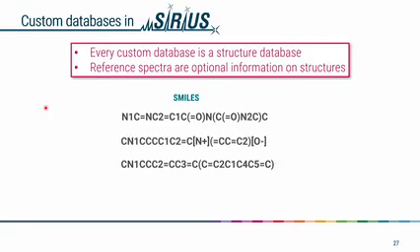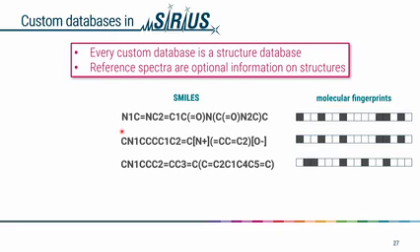Another thing you can do is bring your own structures. All you need for that is SMILES. Since we can compare against structures, you just have to bring us structures. And if you import them, SIRIUS computes molecular fingerprints for all of them, because this is the thing we need to search against the structures.